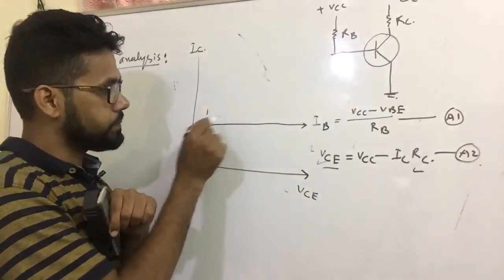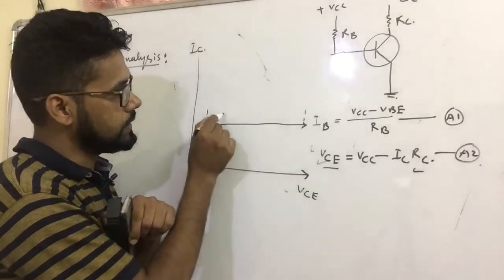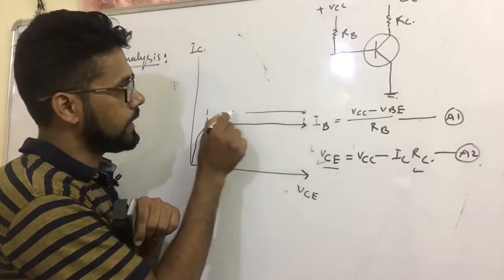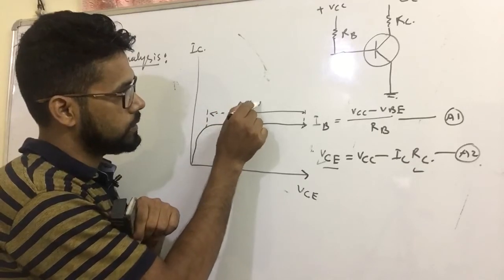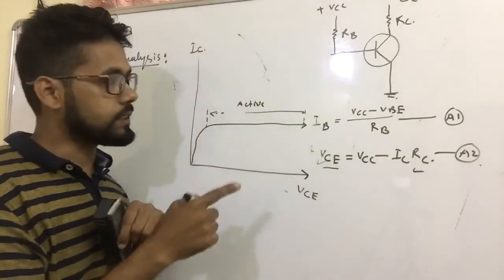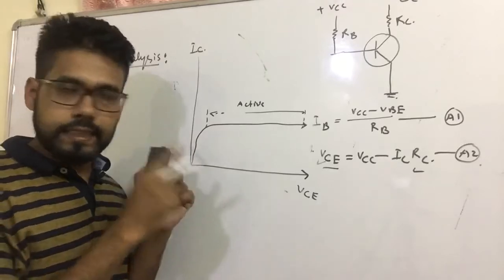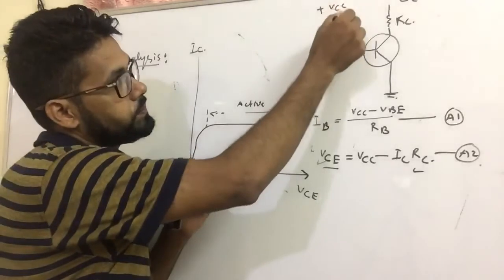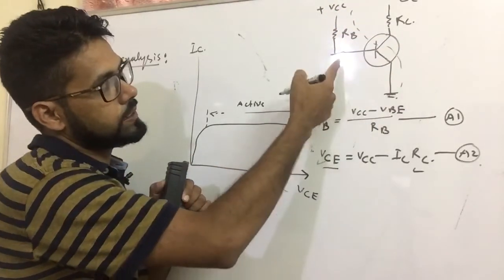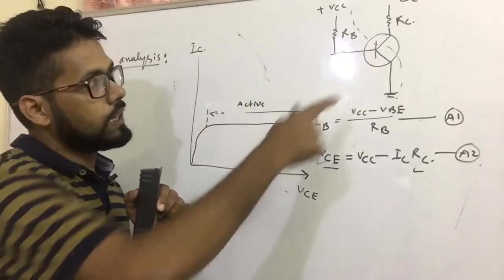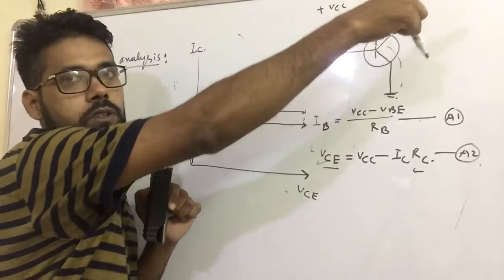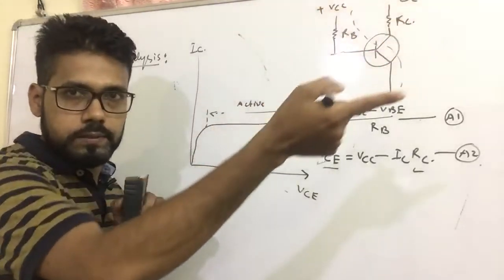This region is called the active region. We often use the transistor in the active region. In the active region, the base-emitter circuit is forward biased, and the output circuit will be reverse biased. But this region is the saturation region.